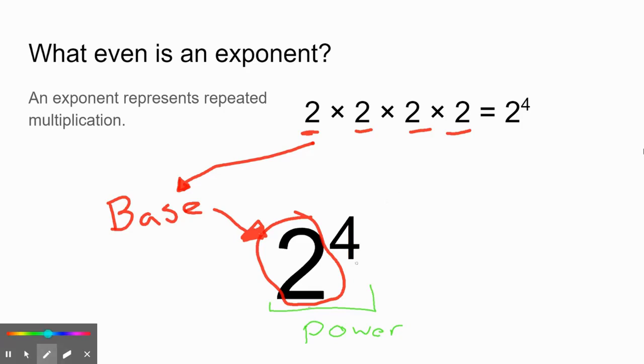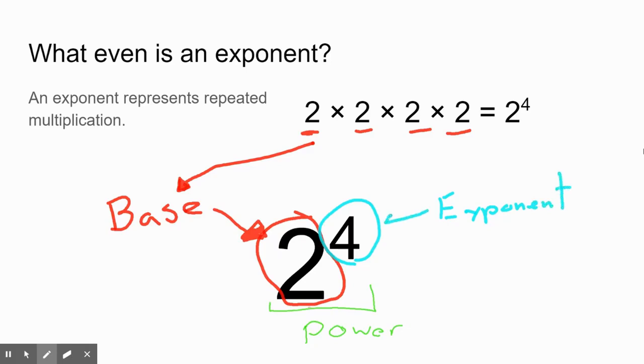The other number, the 4, is the exponent. The exponent tells us how many times we are multiplying 2 by itself. If we look, we have 1, 2, 3, 4 2's. That is where the 4 comes from.